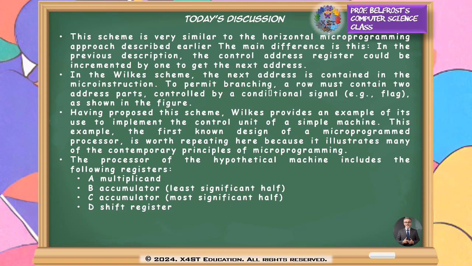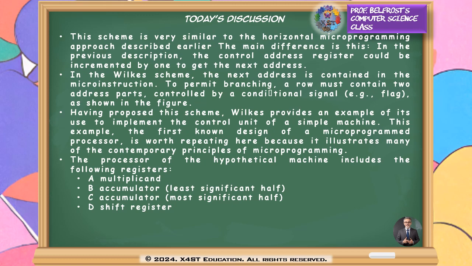This scheme is very similar to the horizontal microprogramming described earlier, but the main difference is that in the previous description, the control address register could be incremented by 1 to get the next address, whereas in this scheme the next address is contained in the microinstruction. To permit branching, a row must contain two address ports controlled by a conditional signal or flag.